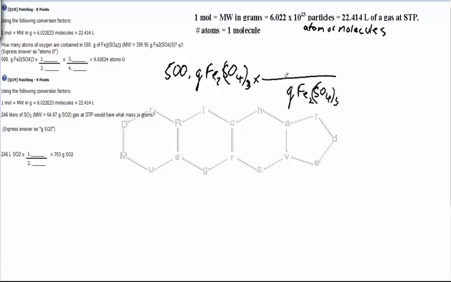Now what I will need to do here is figure out where I need to go. I know that I need atoms of oxygen, but there's no way that I can get from atoms of oxygen to grams of Fe2(SO4)3, at least not in one step.